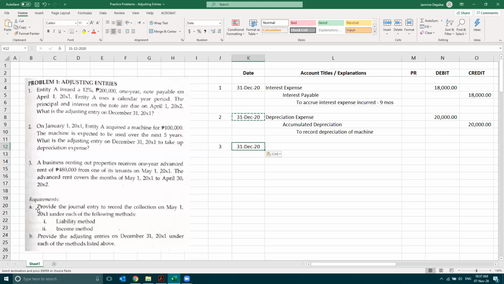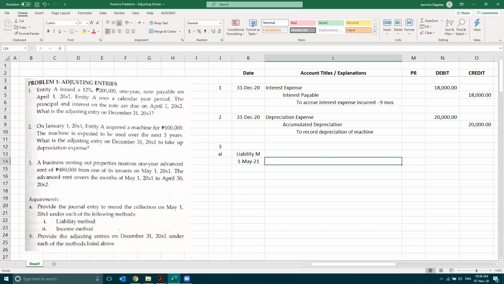So, requirements, letter A: provide the journal entry to record the collection on May 1 under each of the following methods. A1, liability method. What is your journal entry on May 1?